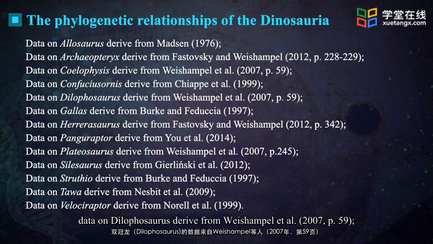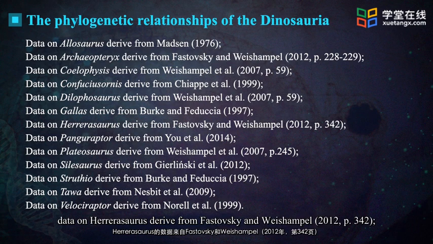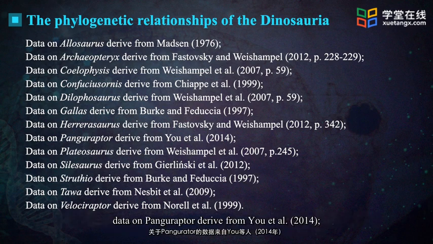Data on Dilophosaurus derived from Weishampel et al., 2007, page 59. Data on Gallus derived from Burke and Feduccia, 1997. Data on Herrerasaurus derived from Fastovsky and Weishampel, 2012, page 342. Data on Pangoraptor derived from Yeo et al., 2014.